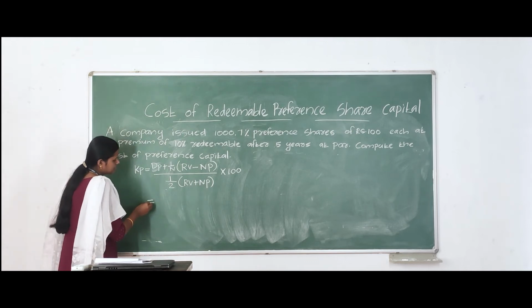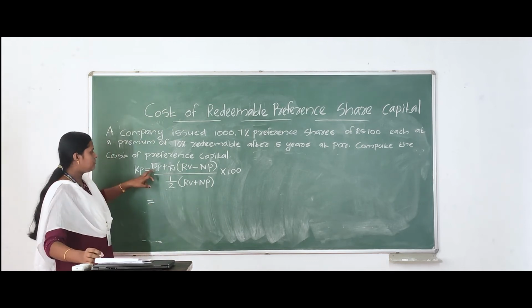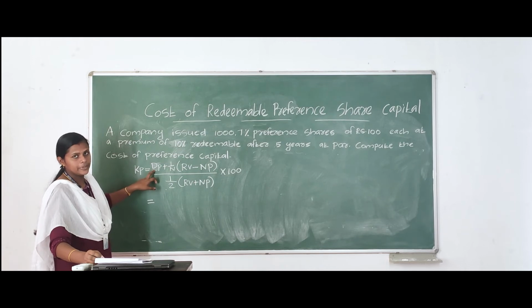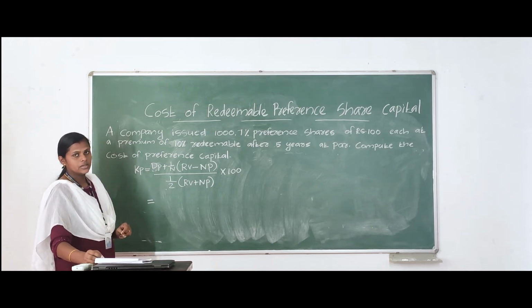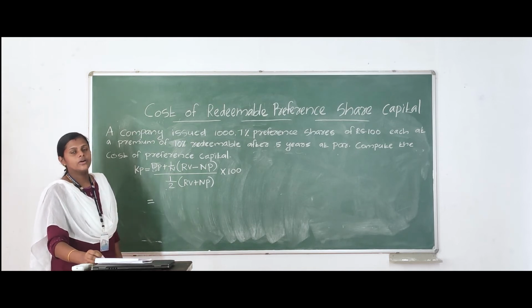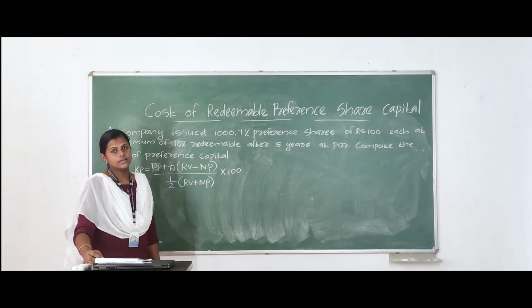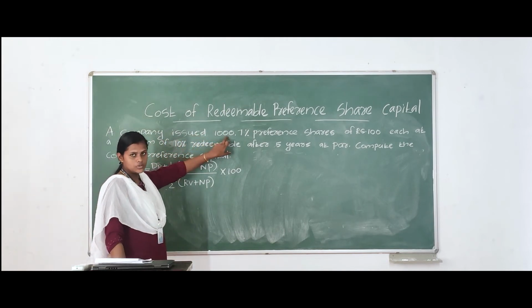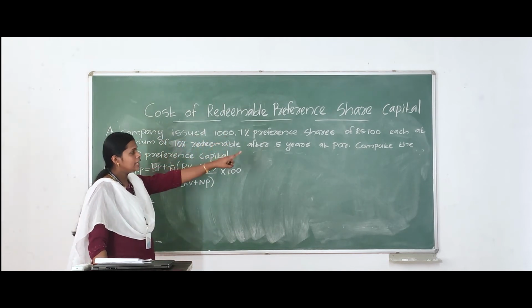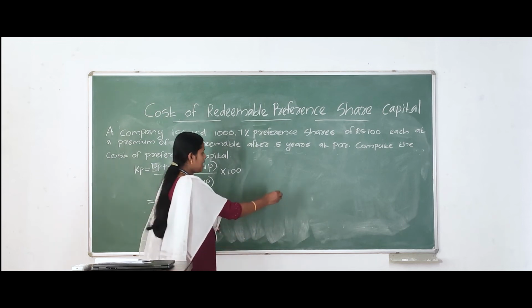First, we have to calculate the value of Dp. Dp means preference dividend. Dividend is calculated on the value of share capital. Here the company issued 1,000 shares and the value of each share is rupees 100.